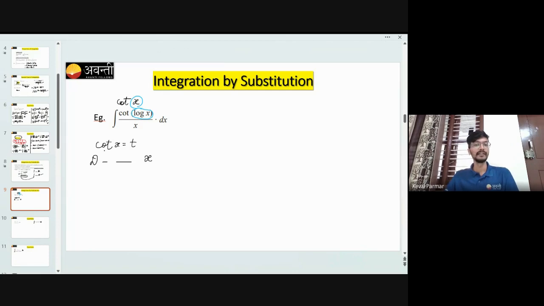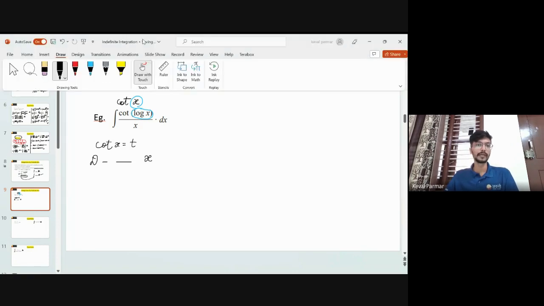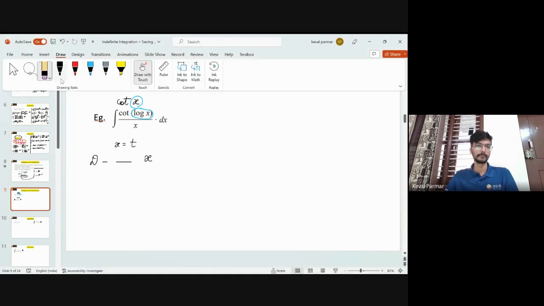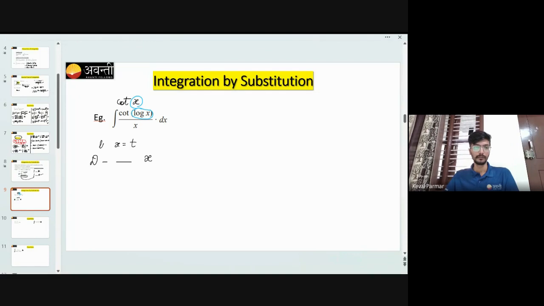So what is the derivative of log x? It is 1 upon x. And what is the derivative of t? It is dt over dx. Then what we do? We get dt, so it will be dx upon x.